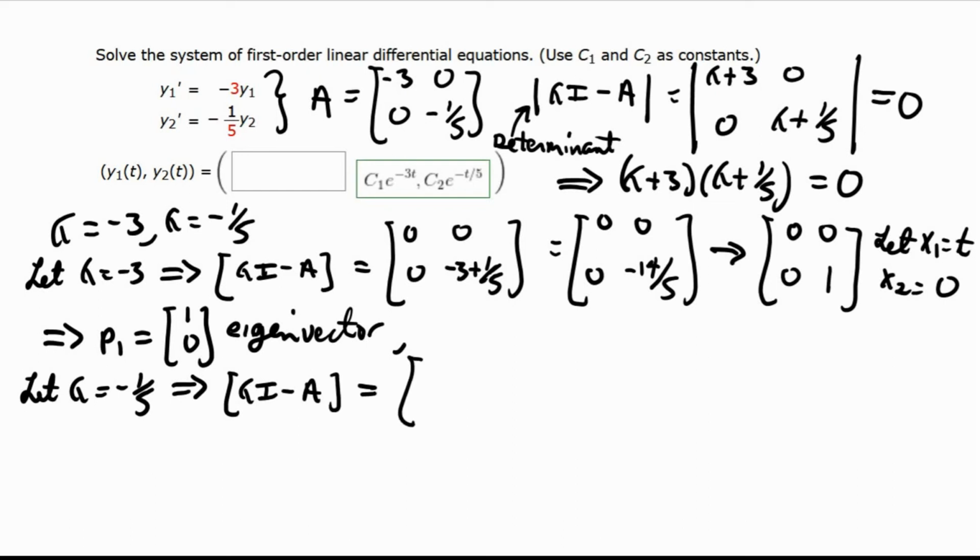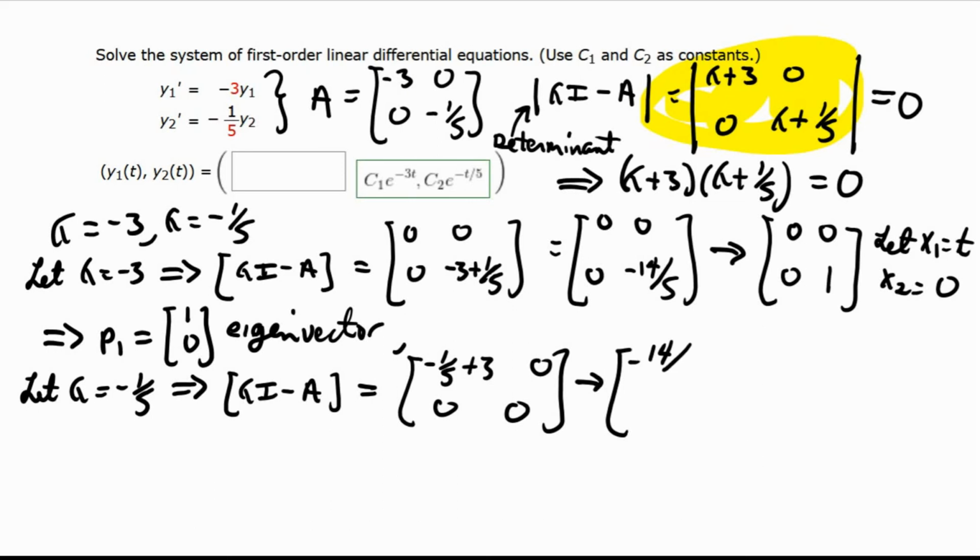So here we get I, look at this guy, and so negative 1/5 plus 3, 0, 0, and then this is 0. So we reduce that, we get negative 14 over 5, 0, 0, 0. Then you can reduce that to 1, 0, 0, 0.